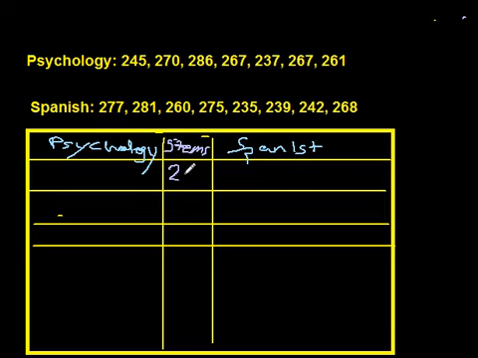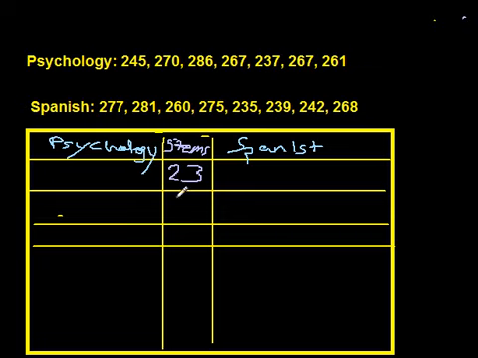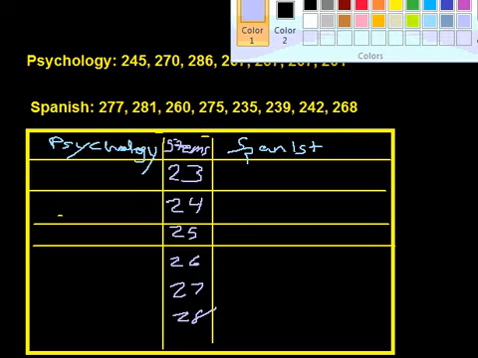I'll put a 23 right here, and I'm going to carry that on all the way up to my largest number, which looks like 286. There's no 290s, so I'll stop at 28. 23, 24, 25, 26, 27, and 28. And now from here, all you got to do is organize your data.